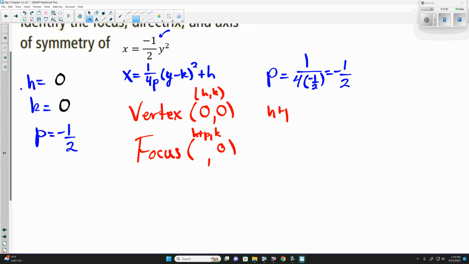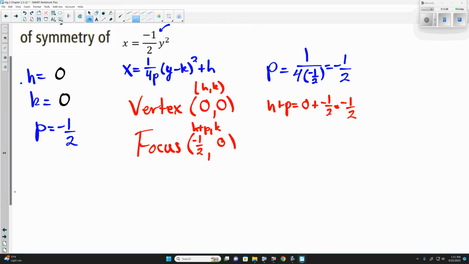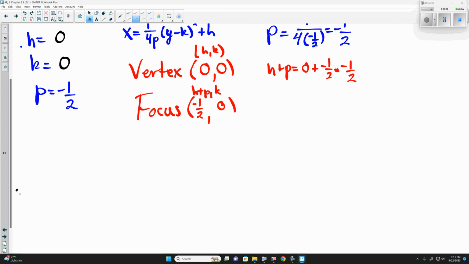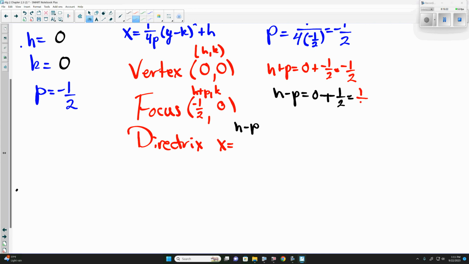Now off to the side, if you want to calculate h plus p, 0 plus negative 1/2 is just negative 1/2. Our directrix, x equals h minus p, would be 0 minus negative 1/2. Well, our negative makes a plus, and we would just have 1/2.